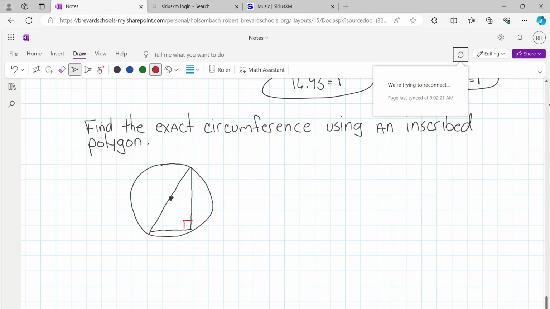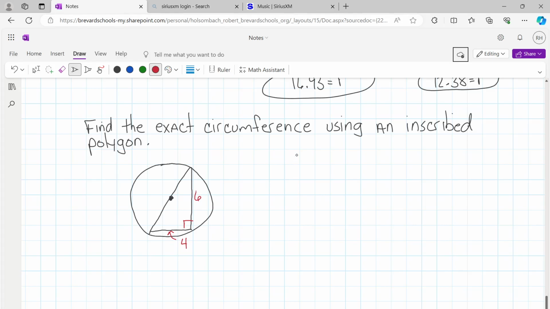We're given a couple of dimensions. Let's say that we're given a 4 for this side of the triangle, and we're given a 6. Now, we're given the 4 and the 6 because we have a right triangle here.